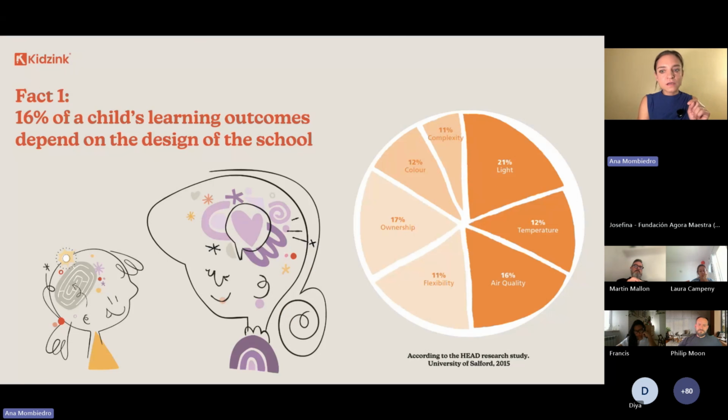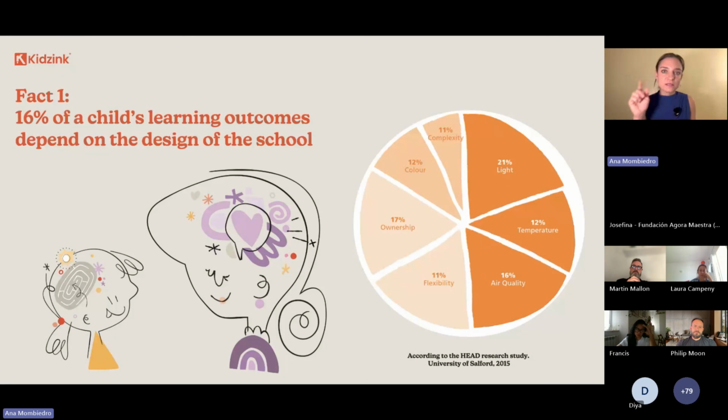The first fact comes from the HEAD research study from the University of Salford, which was published in 2015, which is more than 10 years ago. And it says that 16% of a child's learning outcomes depend on the design of the school. So they know already that the design of the school has an impact on learning performance.